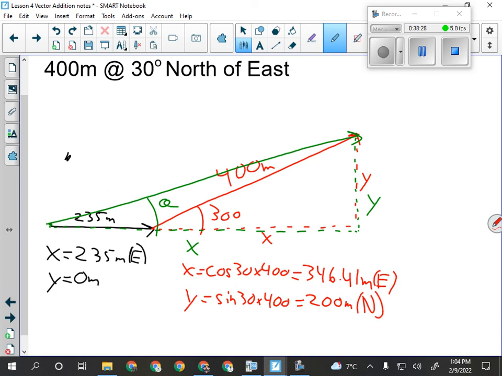Okay. So now we've resolved all the vectors into their components.